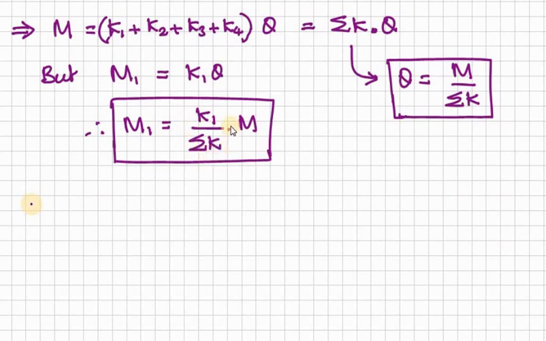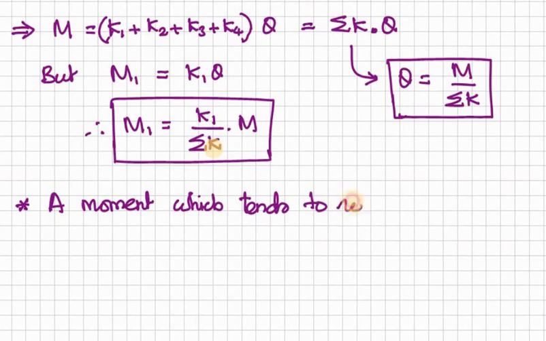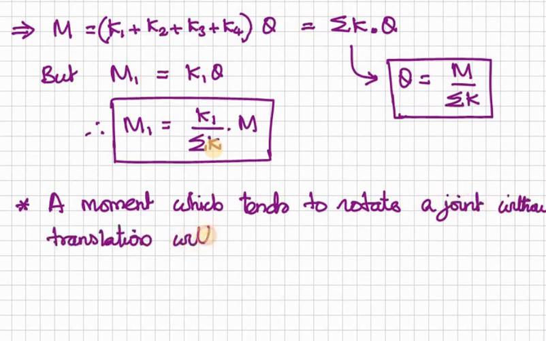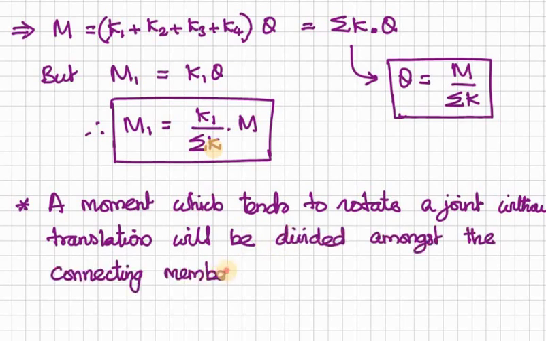Therefore, this is the distribution factor. So distribution factor is K1 divided by sigma K. So the conclusion is the moment which tends to rotate a joint without translation will be divided amongst the connecting members at the joint in proportion to their stiffnesses.